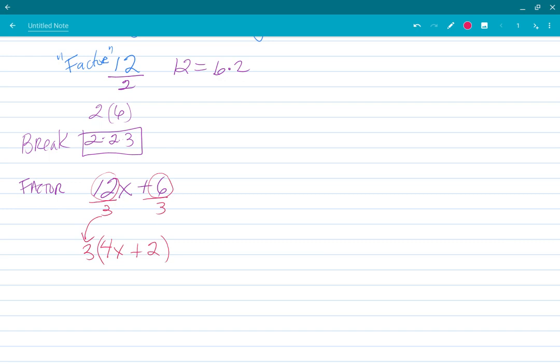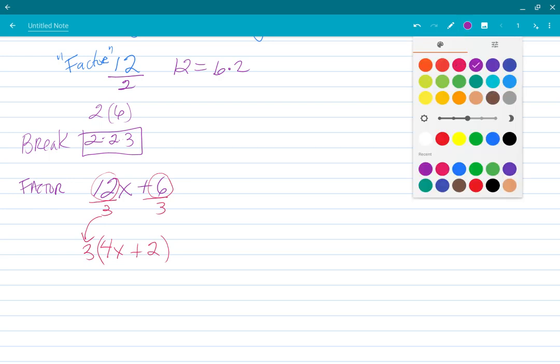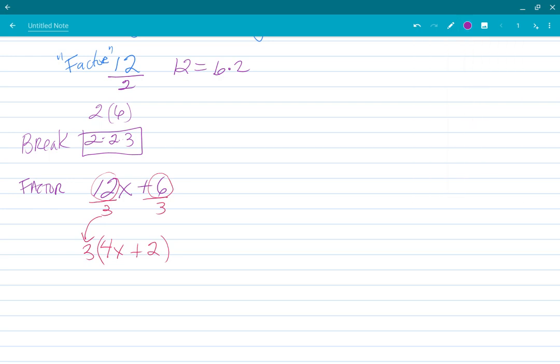By the way, could we also divide 4 and 2 by something? What number can you divide 4 and 2 by? 2, another 2. All right. So then this is going to become 2x plus 1.